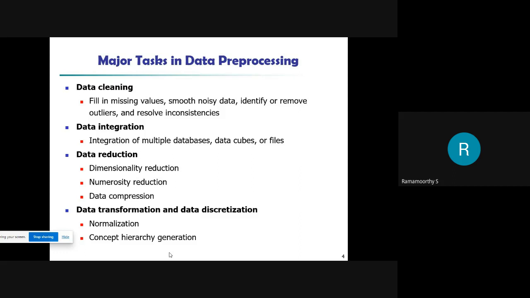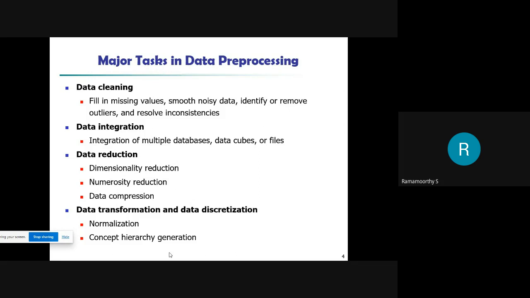So the first and foremost job is to fill the missing values, smooth noisy data, and identify or remove outliers. Suppose you are taking data in the range of 1 to 10, then an entry beyond 10, suppose there is a 12 or 13, right? It needs to be avoided, because you need to remove all those outliers. Any data which falls beyond that range will be considered an outlier.